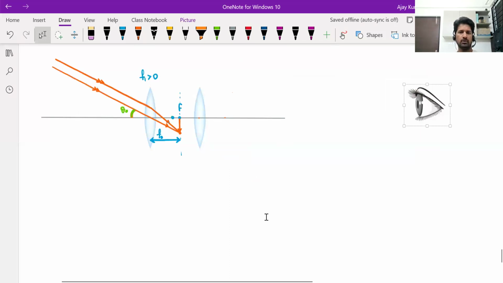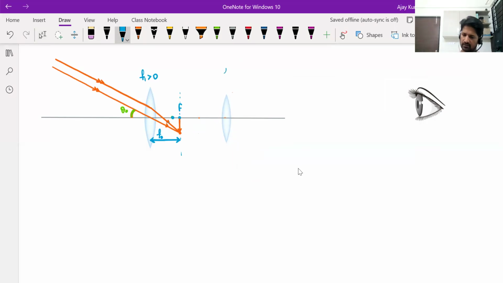What we first want to do is, we want to invert this image. Okay, so we use a lens called a correcting lens. And what exactly does the correcting lens do? Let's say this is the correcting lens. It's also a converging lens itself. Assume its focal length is FC.